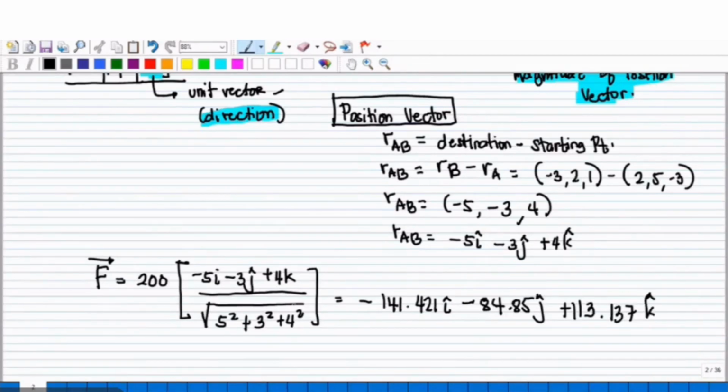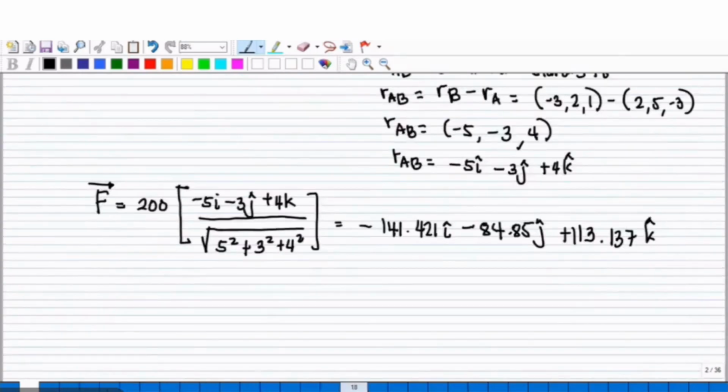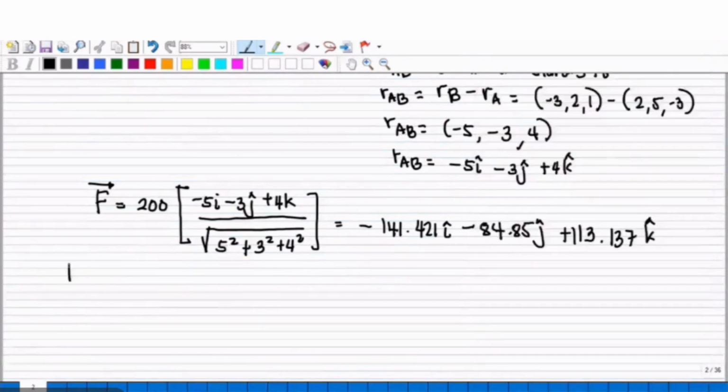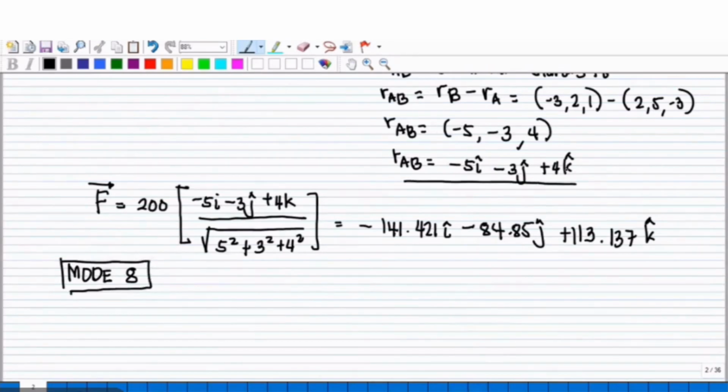Ayan. Yan po yung ating way sa mode 1. Okay? But however, pwede po natin gawin ito by mode 8 or your vector. Okay? Mode 8 po. Okay? Sa papaanong paraan, sir? Okay? So, take note po, kapag mode 8 yung gagamitin natin, so we will utilize only your position vector.